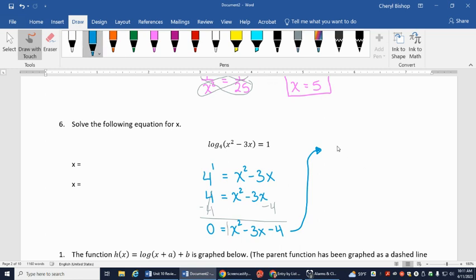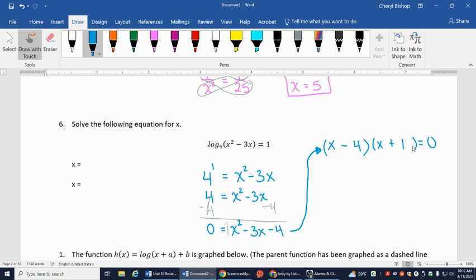So when I factor it, I just need to know what multiplies to a negative 4 and adds to a negative 3. 4 and 1. Which one's negative if I want to get a negative 3? The 4.